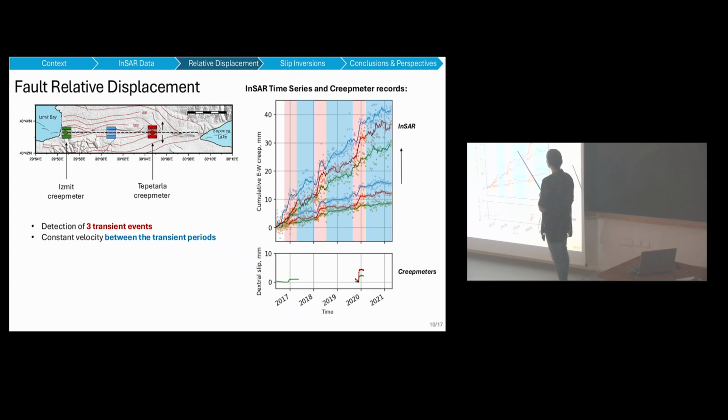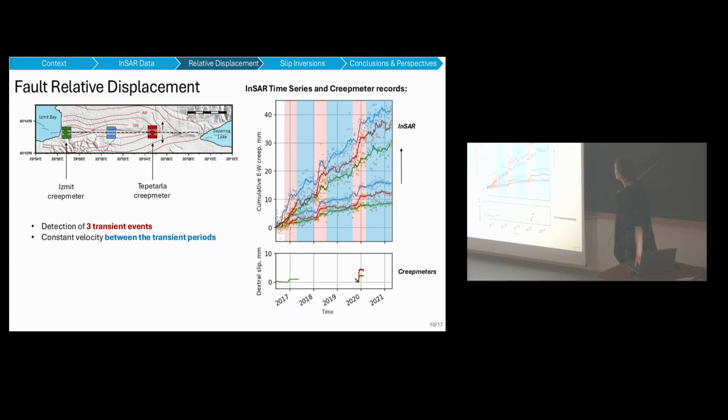So to continue, the idea is to separate both mechanisms. So we will estimate the displacement during the transient events, and after, we will remove this offset and estimate the velocity during the period between them.